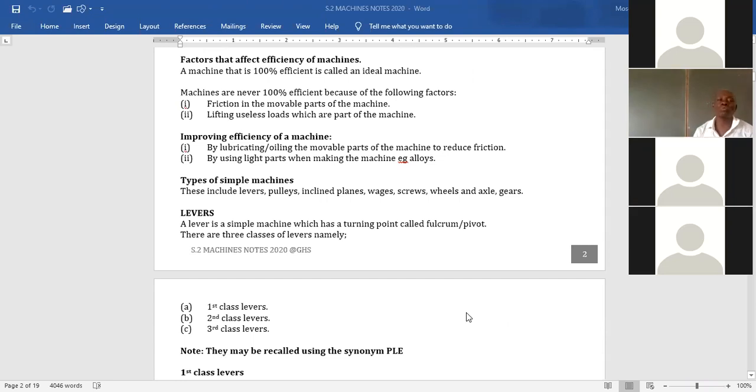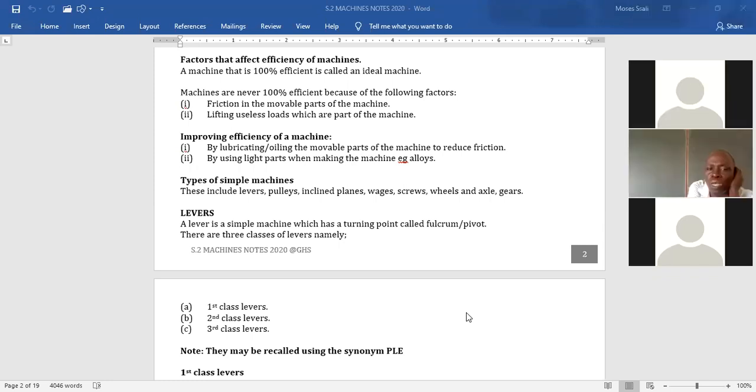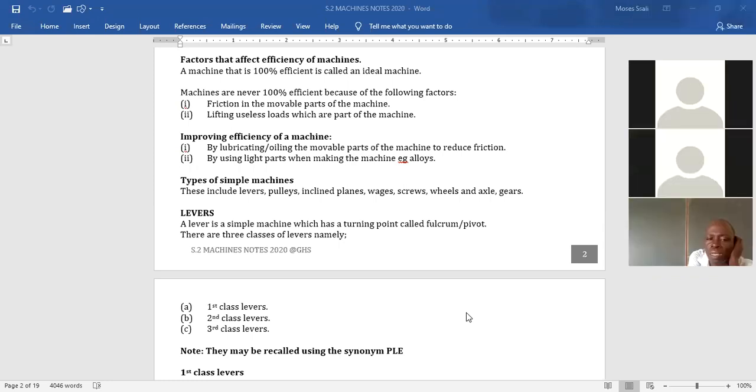So let us look at what affects efficiency of a machine. I hope when I talk about efficiency, you can tell me what exactly I mean. If I tell you that you are a very efficient person, what do I mean? Can somebody first give me that definition?